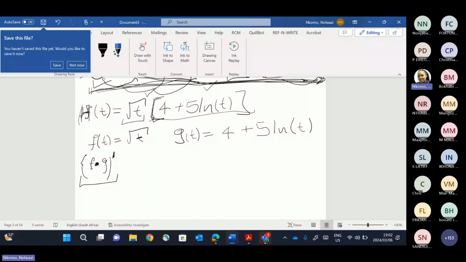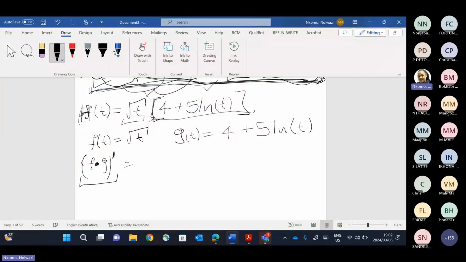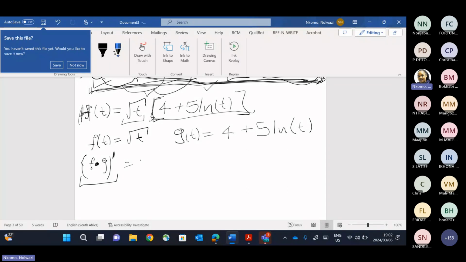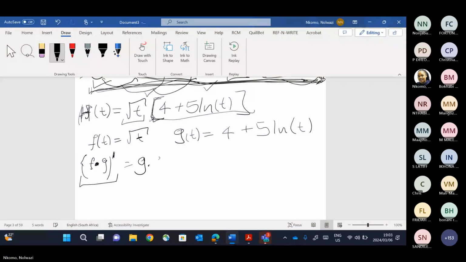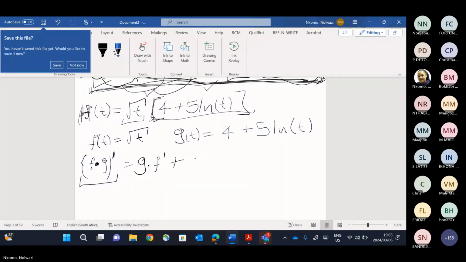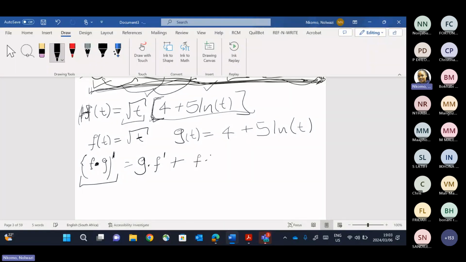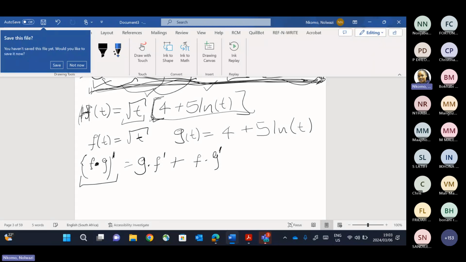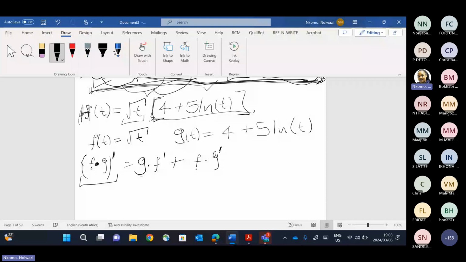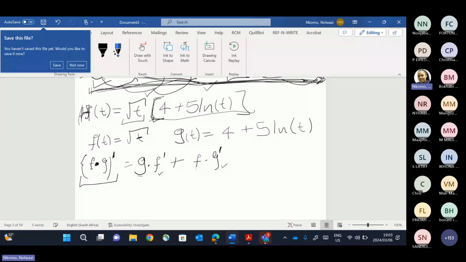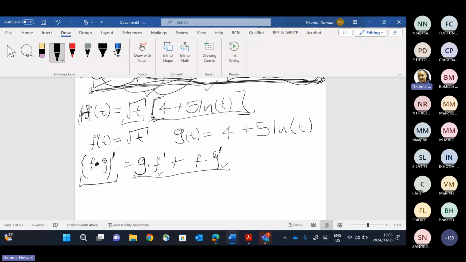We said the product rule says we keep g and differentiate f, plus we keep f and differentiate g. We have g and f. We want f prime and g prime for us to use this formula.